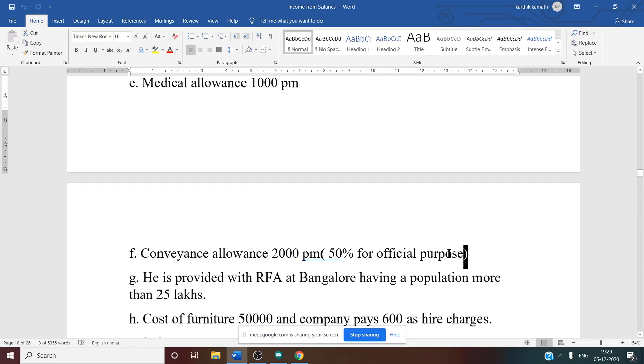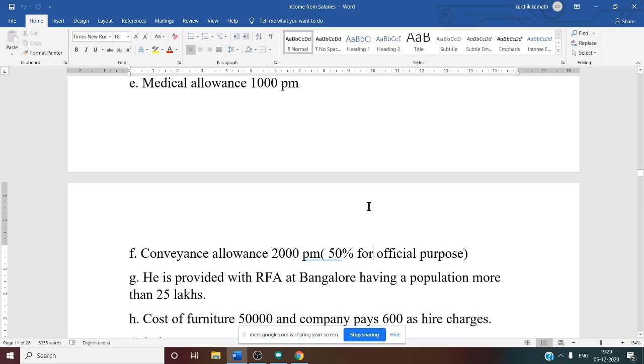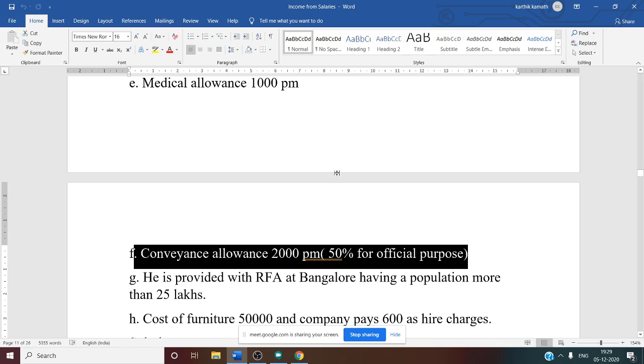Conveyance allowance. Now you see, conveyance allowance is 2,000 per month, 50% is for official purpose. And you know, under taxation, whatever amount is given for official purpose is exempt from tax. So what is the taxable conveyance allowance here? Can you tell me? 2,000 per month, 50% for official purpose, so 50% is exempt. 2,000 into 50% means 1,000, and 1,000 is taxable per month.